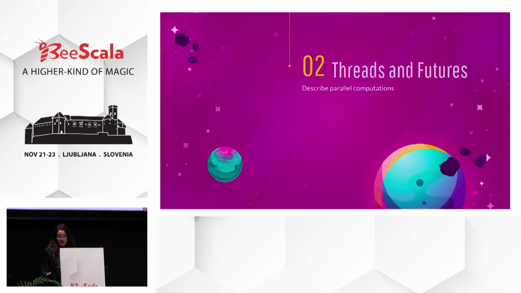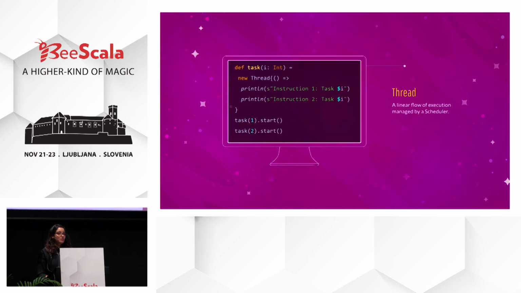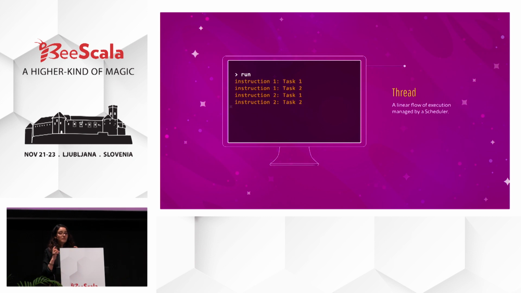So now let's see how we could describe parallel computations in JVM. The classic way is to define a thread that contains different instructions, and the thread has a single method called run. And here, in this example, we print out in the console each instruction to see how the interleaving happens.